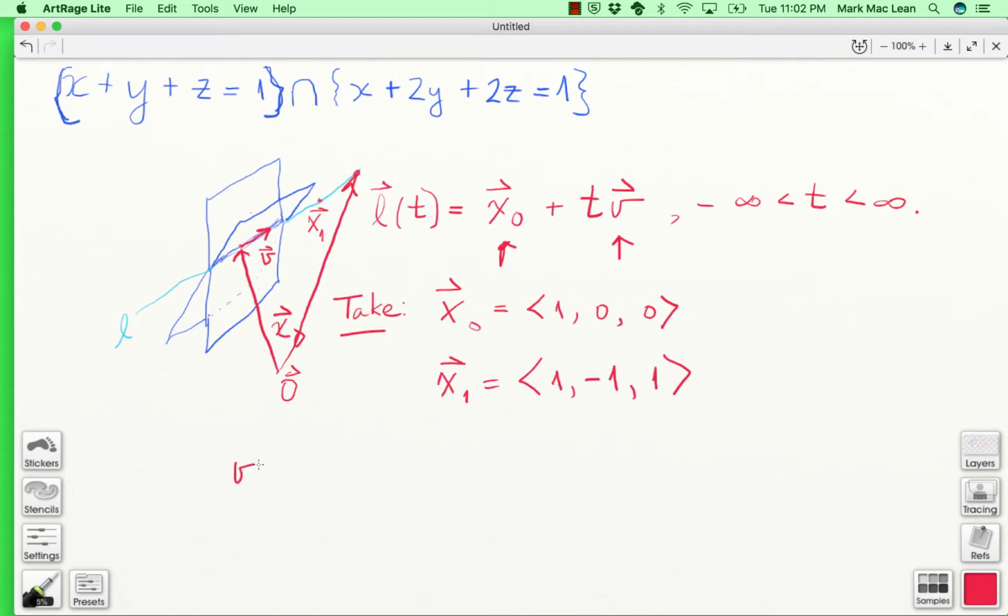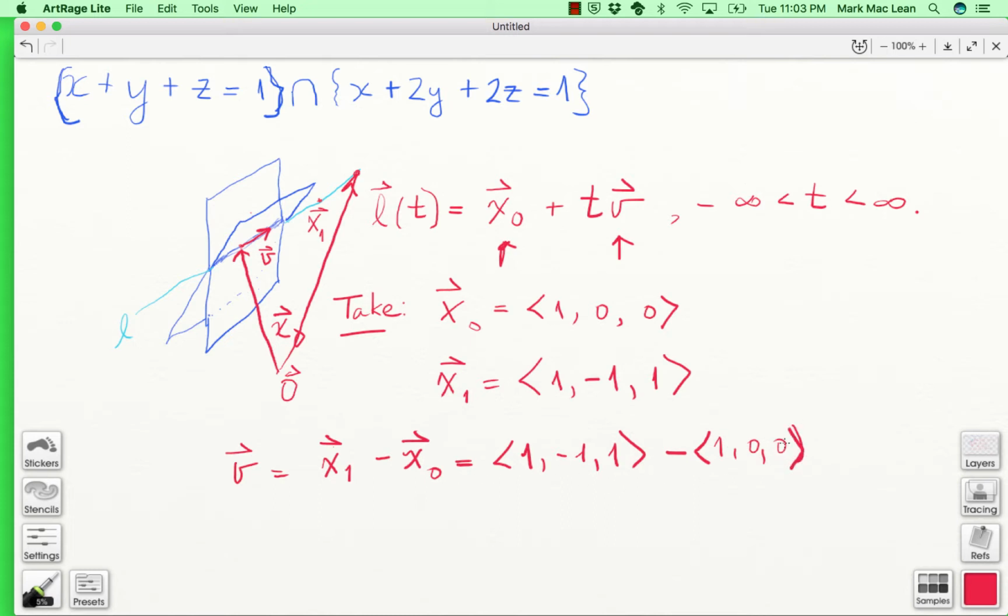And so I could take v to be simply the vector that connects x naught to x1. That's x1 minus x naught, which is equal to 1, minus 1, and 1, and then x naught is 1, 0, 0.